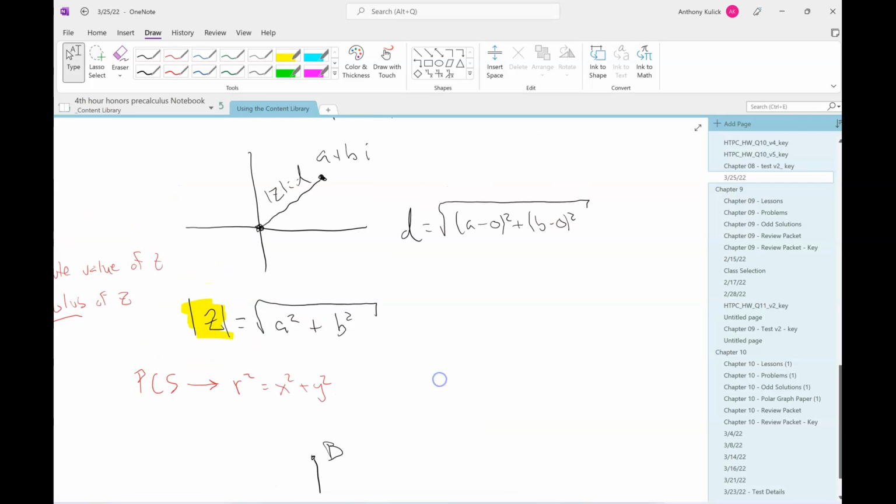Okay. So that same distance we might call r. And this angle theta, what can we say about theta there?